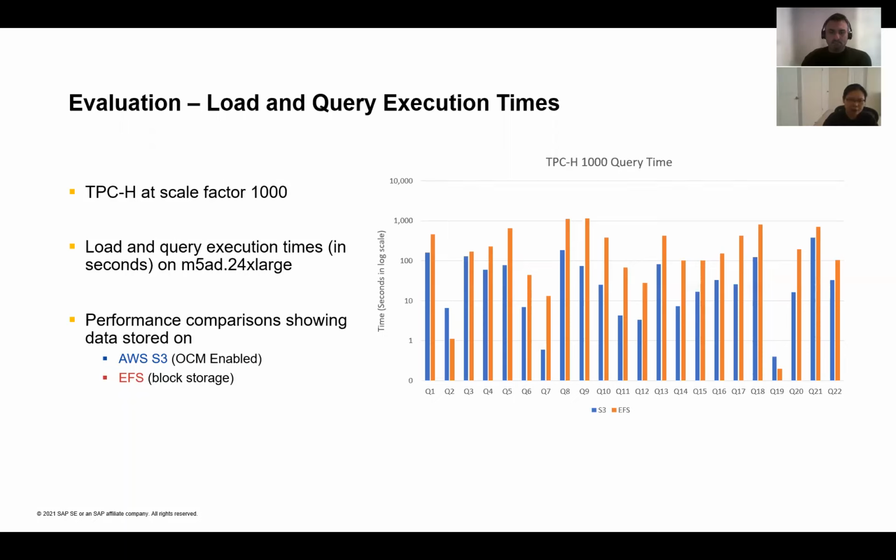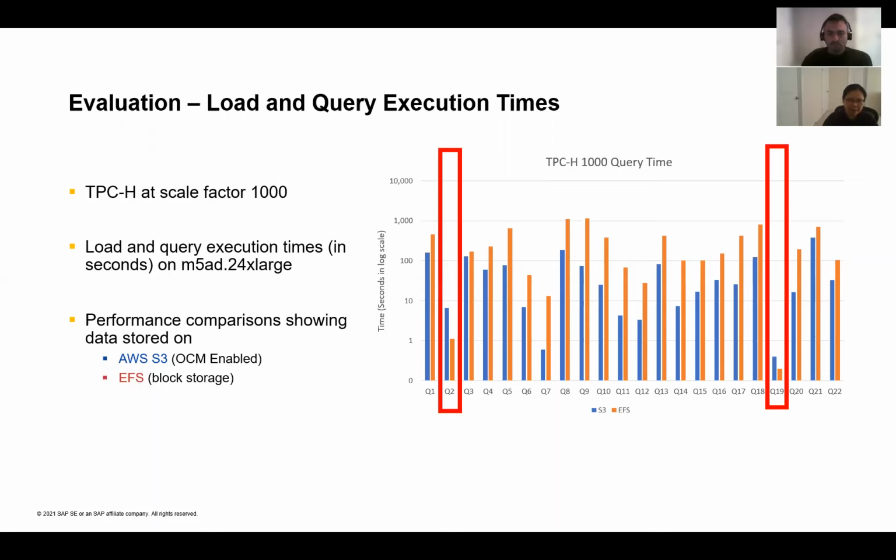First, our approach is able to use the almost unlimited throughput on S3 because of parallel I/O and prefetching techniques as mentioned by Mohammed. And secondly, we are able to hide the high latency of S3 thanks to the Object Cache Manager, the OCM.